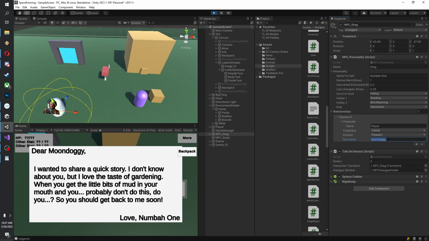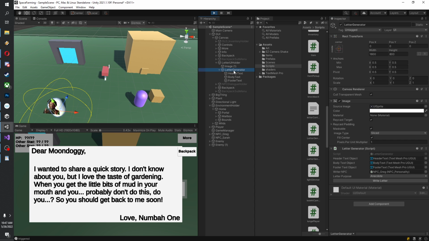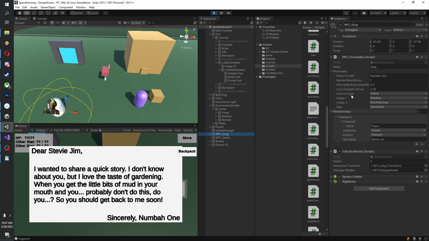So if I were to change the player's nickname, let's say to Stevie Jim, I can then generate the letter, and the letter is now in real time changed to reflect the change in whatever data is held within the NPC.